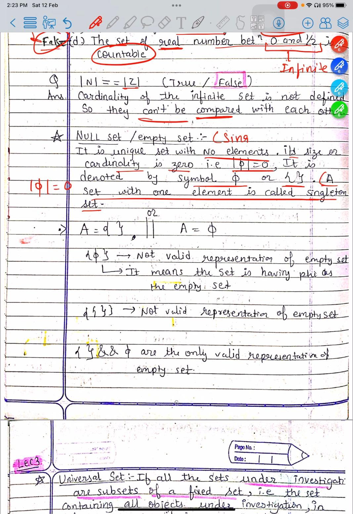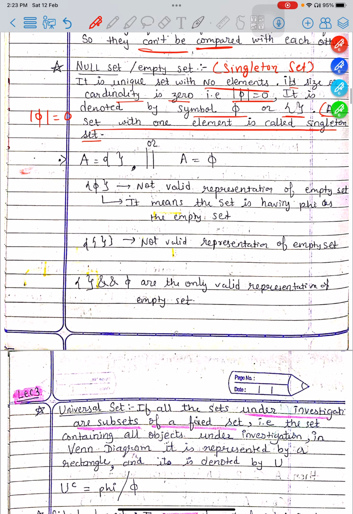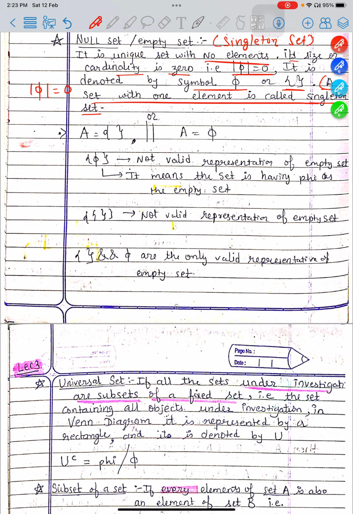Here also singleton, I have not written. And this A is denoted by empty braces, so it is an empty set, or A equals phi. This symbol over here is wrong. The null set or empty set cannot be represented by braces with a phi set inside the braces.